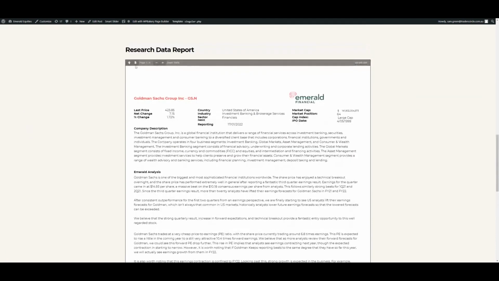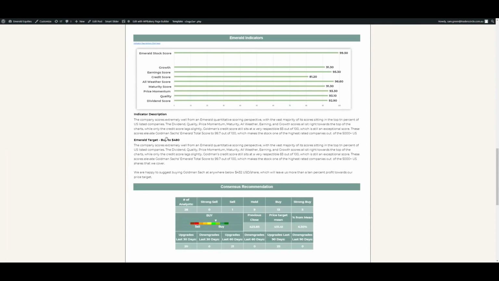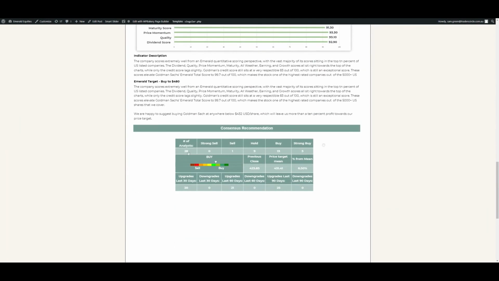We've got our analysis. We show what our scoring model indicates for the stock at that point in time. We provide our price target. In this case, we're bullish on Goldman Sachs to $480 a share. We show you where all the other analysts that we follow are tracking the share at the moment.